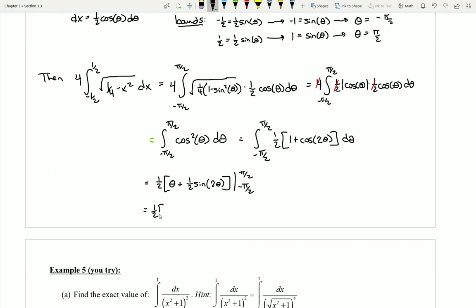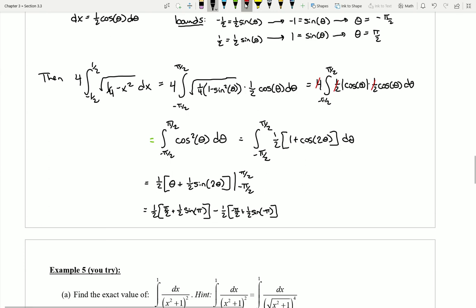So I'm going to have 1/2 times pi over 2 plus 1/2 sine of pi, and then minus 1/2 times negative pi over 2 plus 1/2 sine of negative pi.